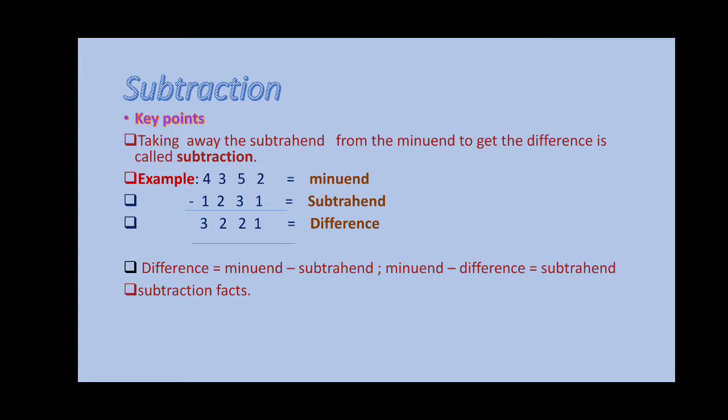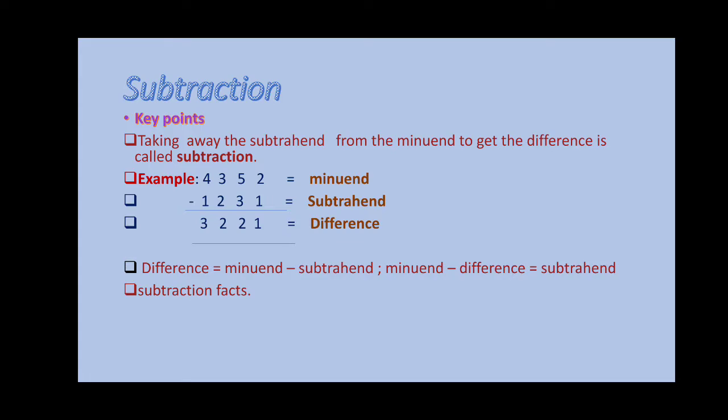Sometimes we have a bigger number on top and we can subtract directly, and sometimes on top we have a smaller number, and in that case also we can subtract, but we have to borrow from the next place. Suppose we are doing the ones place, we borrow from the tens place. When we borrow, that smaller number becomes bigger, and then we can subtract.